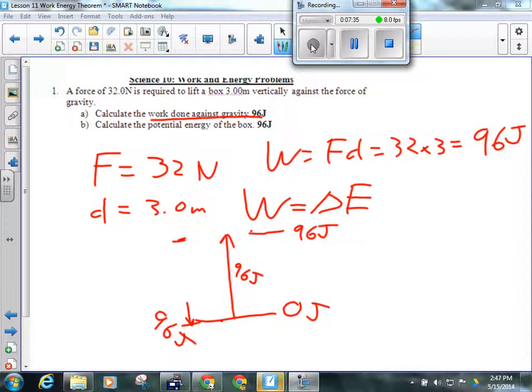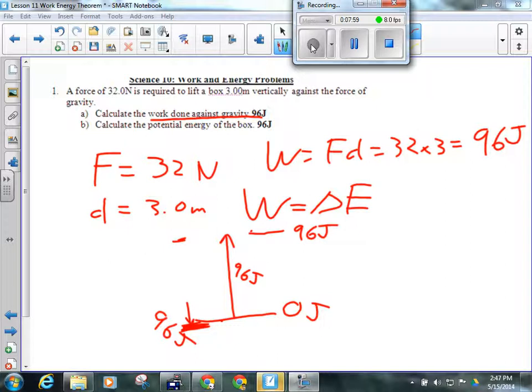It's going to speed up as it falls, will it not? And as it falls, its potential energy will decrease because its height will decrease. Well, that potential energy has to go somewhere. It turns into kinetic. Were my foot to be located right here, how much work would get done on my foot? 96 joules worth of work, sorry, would be done.